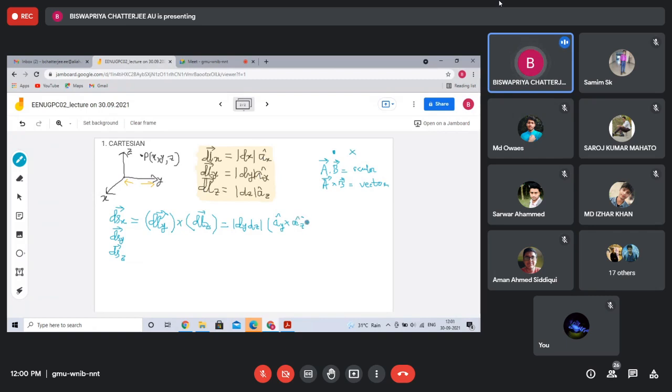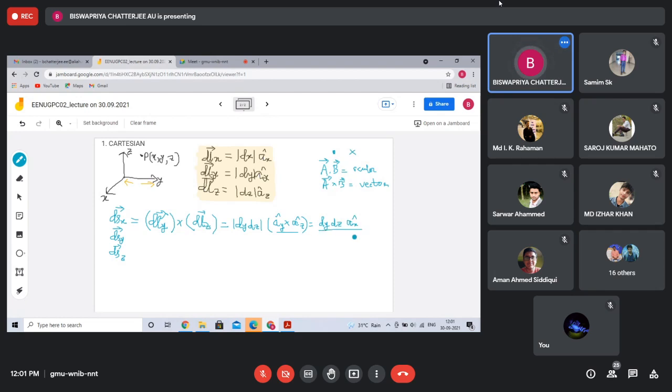As you know from the previous lecture, ay cross az equals ax cap. So ultimately the result will be dy dz ax cap. A very interesting result.